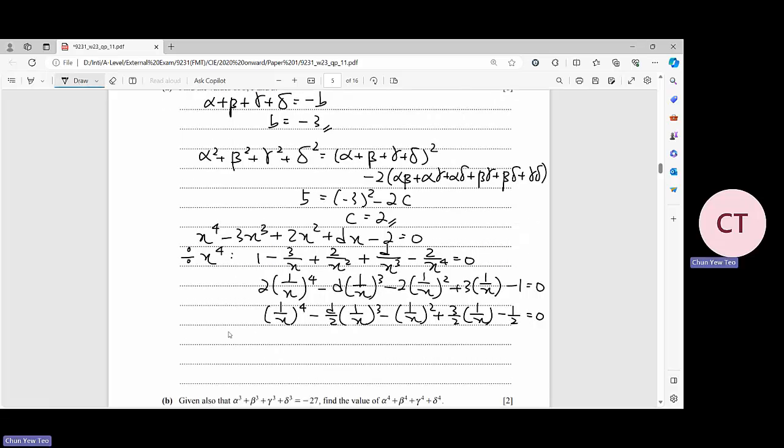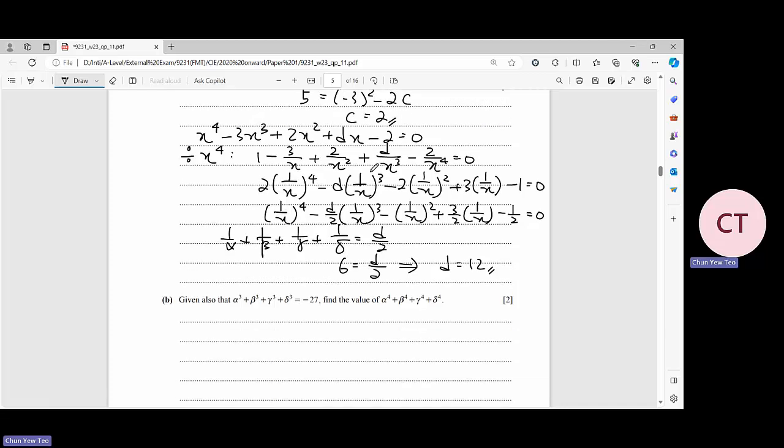So which means 1 over alpha plus 1 over beta plus 1 over gamma plus 1 over delta is equal to d over 2. Okay, that will be 6 equal to d over 2. Therefore, your d is 12. Just like that, done. So this will be the answer for part A.